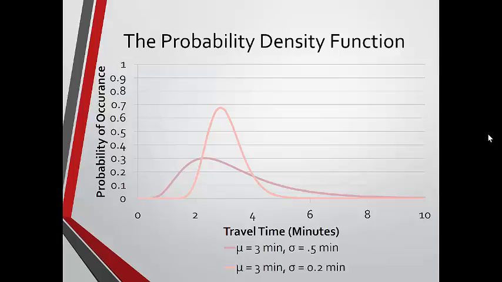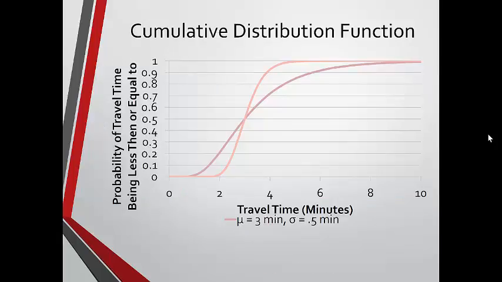They are different distribution models, but you can see these are very different experiences for travel. You're going to have much more variability with this darker PDF than with the lighter PDF. And you see that when you look at the cumulative distribution functions. There is relatively little variability for this lighter distribution.